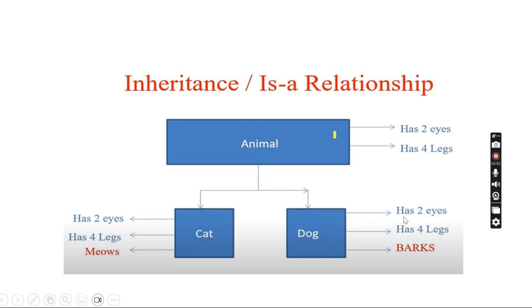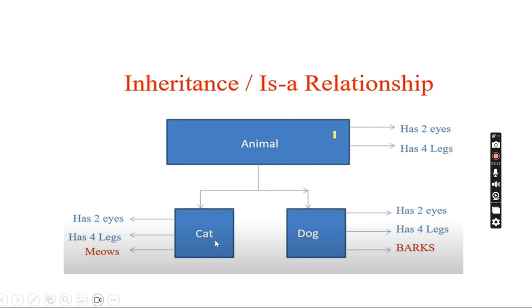Cat and dog also have two eyes and four legs. The parent class animal has two eyes and four legs, and the same thing is extended in the dog class and the cat class. So dog and cat should not provide extra implementation for eyes and legs, because it is already implemented in the parent class animal, so they can extend those properties.